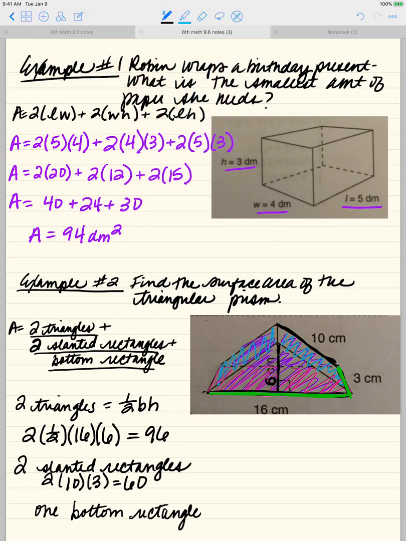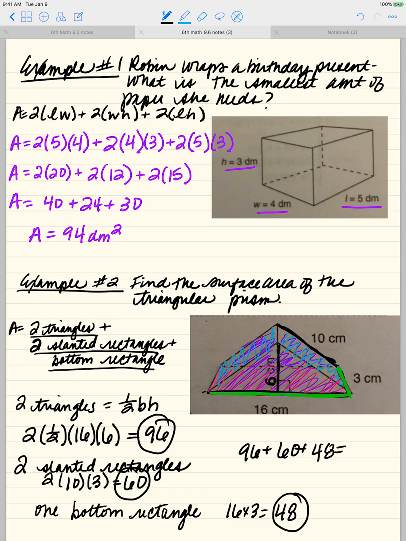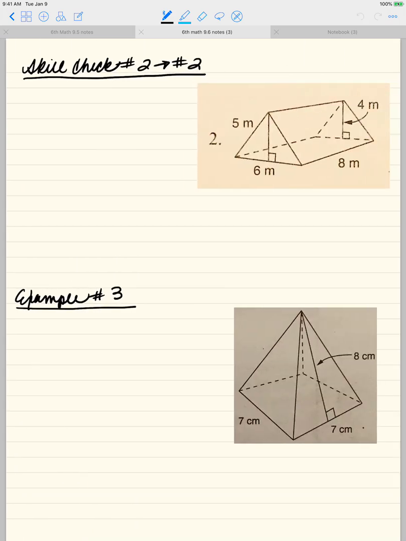So the area of that is going to just be 16 times 3, which is 48. Now you add all of those areas together. 96 plus 60 plus 48 is equal to 204, and this is area, centimeters squared. So we have figured out what the surface area is of our triangular prism.